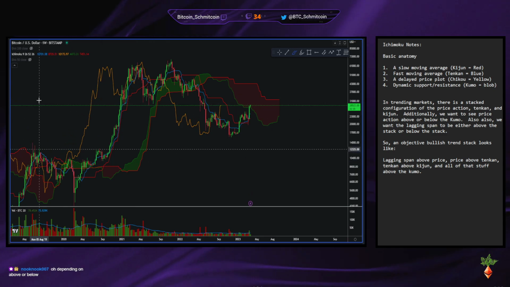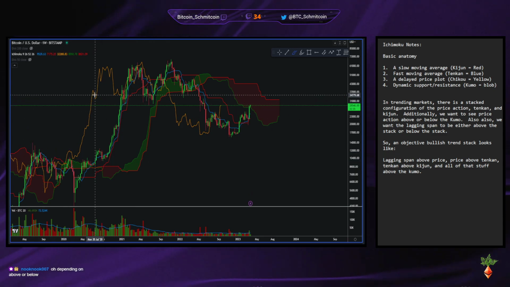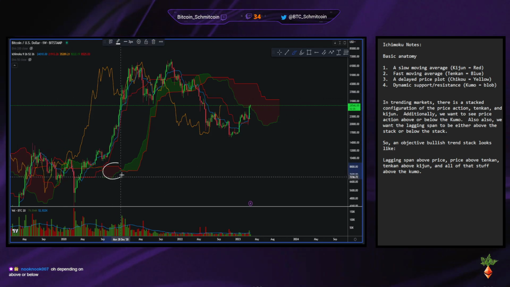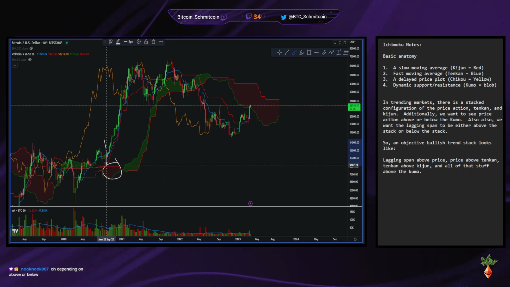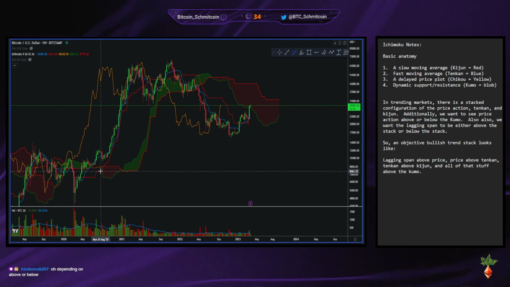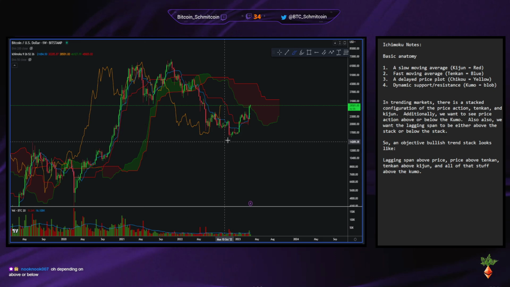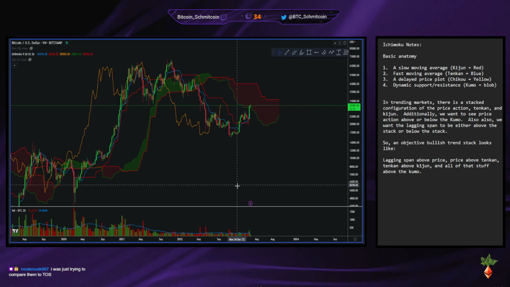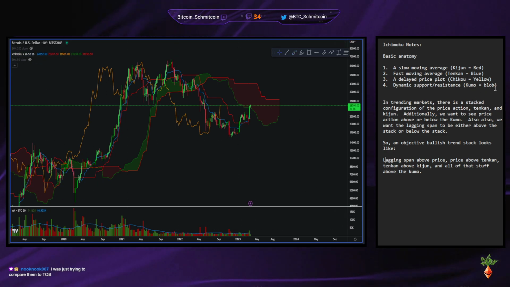Honestly, you can just ignore the color. The color is irrelevant, because here, for example, we see that the price is above a red cloud, and right here, price is below the green cloud, so that's not quite the same. You can just honestly kind of ignore it for the most part. That's why I wrote blob instead of color. I'll just write cloud.